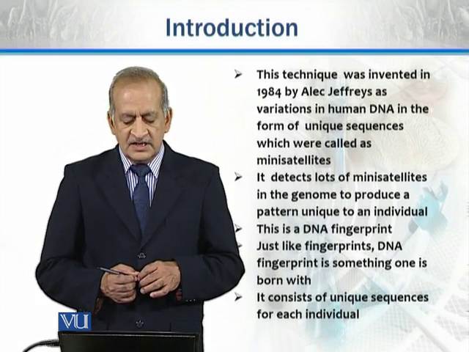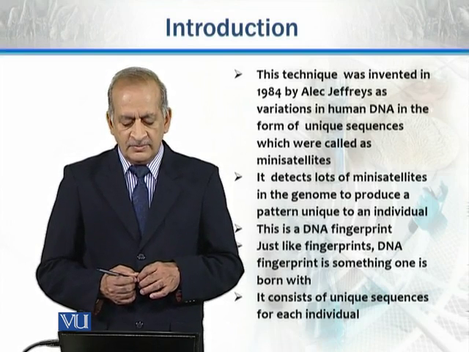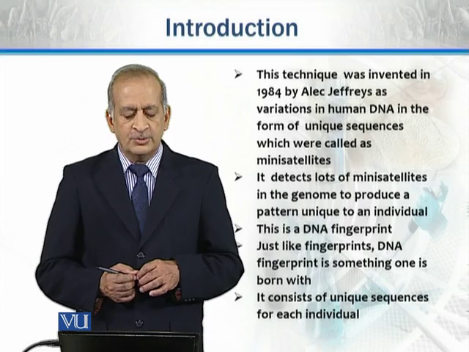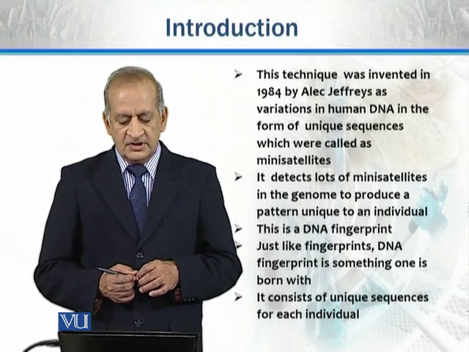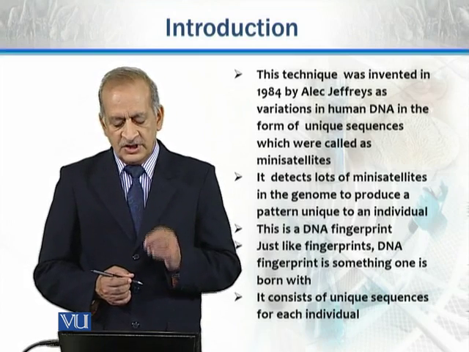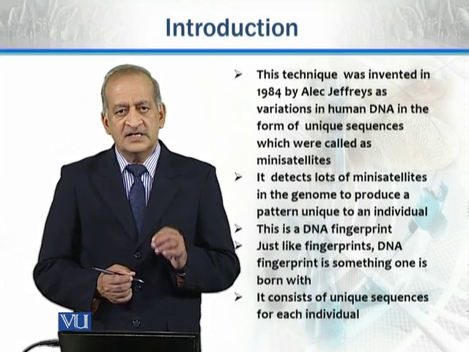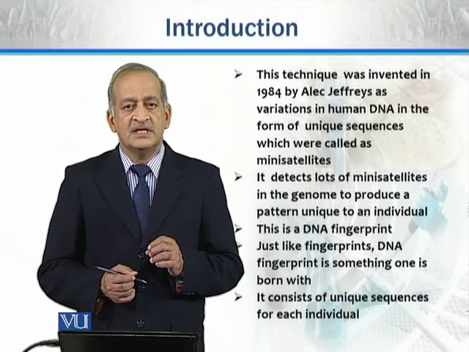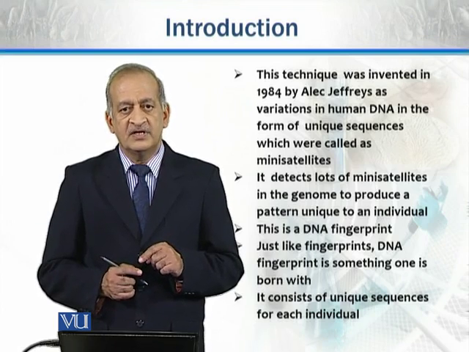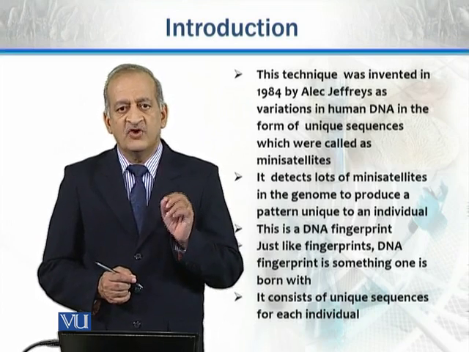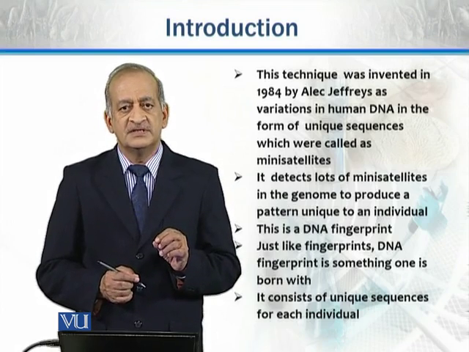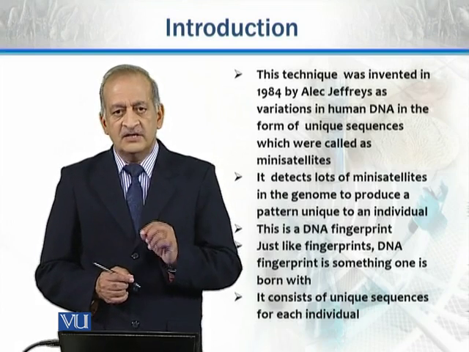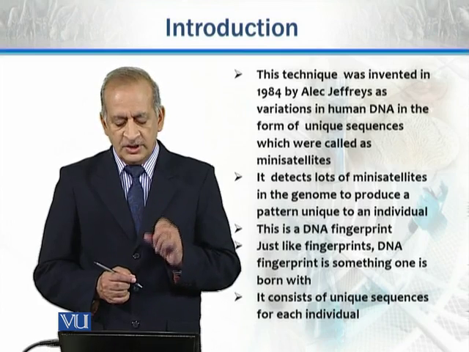It detects lots of mini satellites in the genome to produce a unique pattern for each individual, and this is actually DNA fingerprinting. Like we have fingerprints on the tips of our fingers, in the same way that 0.1% difference in DNA is unique to each individual.